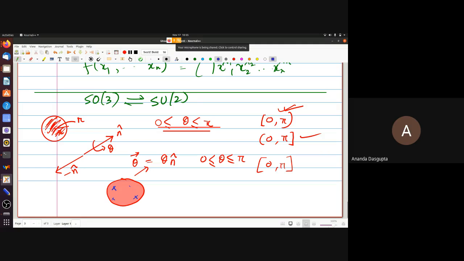If you do that for all such pairs of points, then you get the group manifold of SO3. The group manifold of SO3 is a rather complicated object. It's not a very simple kind of set which you can easily visualize in 3 dimensions. Is that clear to everybody? Yes, sir.